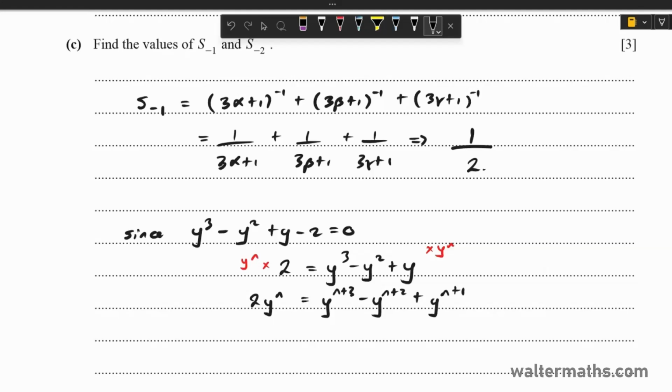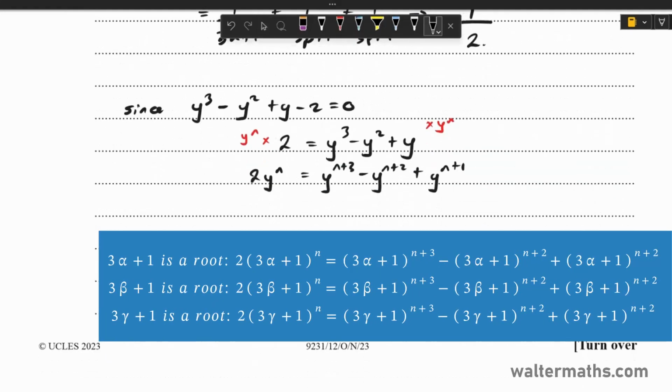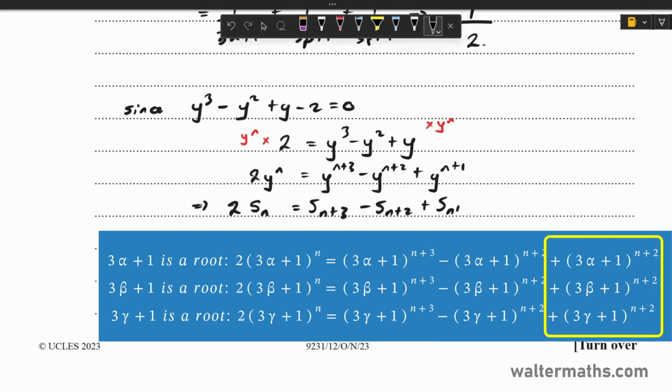Now, since 3 alpha plus 1, 3 beta plus 1, and 3 gamma plus 1 are roots to this thing, we will be coming out with this. And if we add these up, we'll be having 2 times sum to n being equal to sum to n plus 3, minus sum to n plus 2 plus sum to n plus 1.